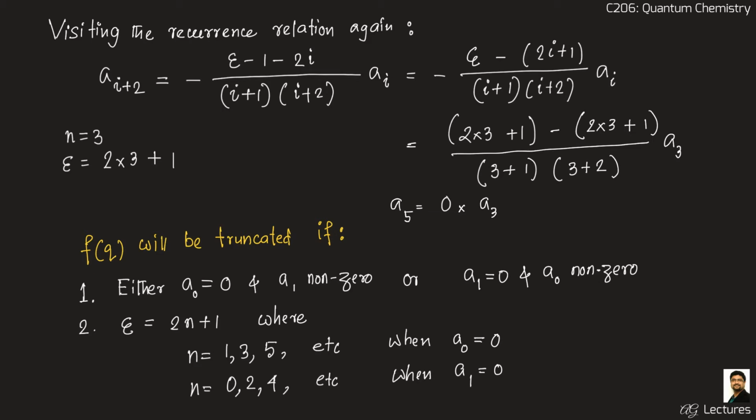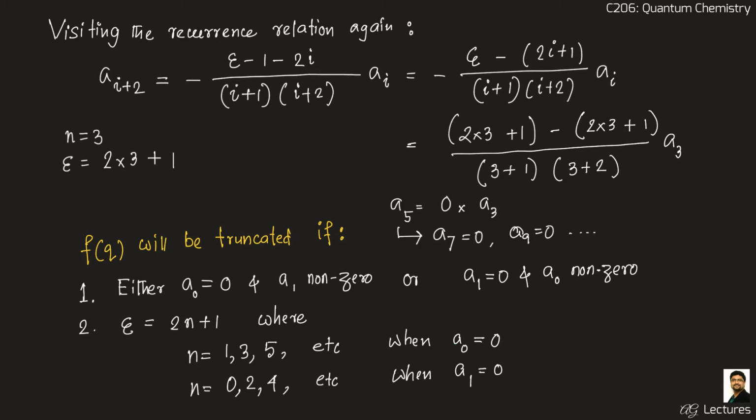Now if a5 is 0, that will directly give me a7 is 0, a9 is 0, and so on and so forth. So therefore, in that particular series of f, as n equals 3, we already have the fact that a0 is 0. So therefore, in f, the a0 series is not there already.